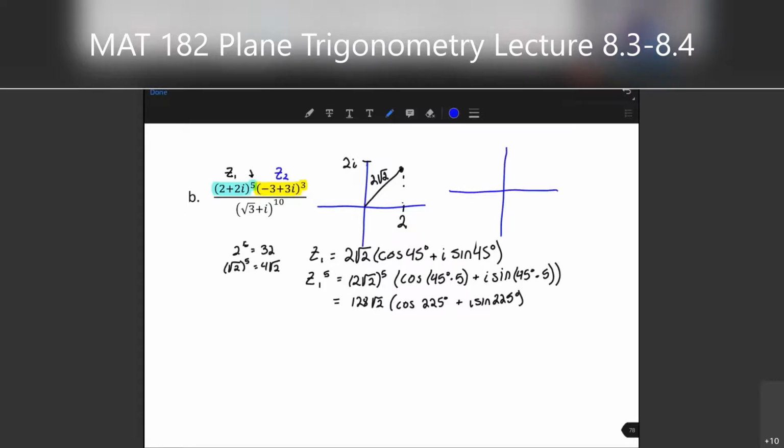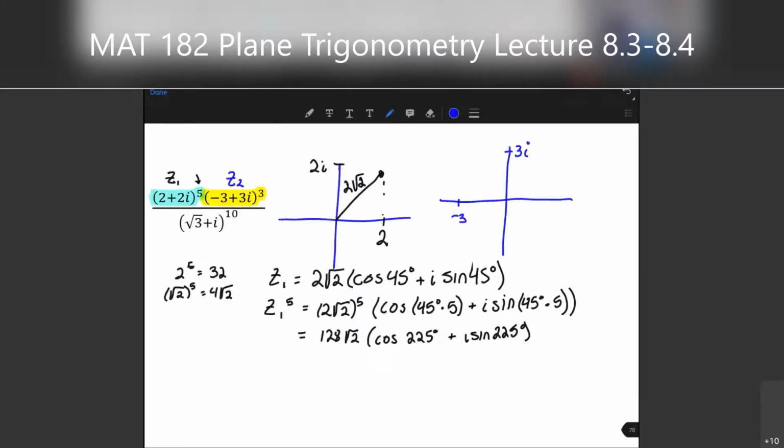So negative 3 and 3i, that means that we're in the second quadrant again, negative 3 and 3i. So again, we have kind of a 45-degree angle working here.